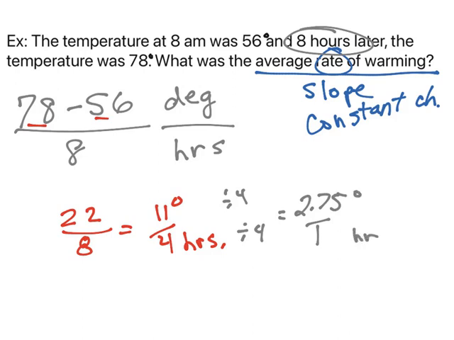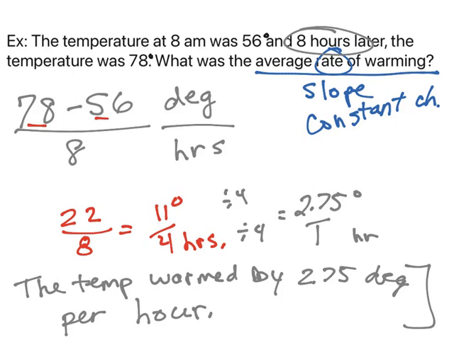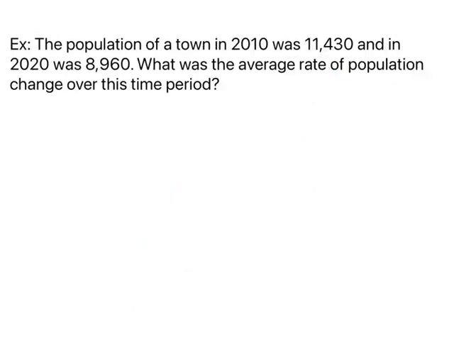So what it means is the temperature warmed, since that was the wording it used, warmed by 2.75 degrees per hour, or each hour. So that's one type of example. And it's good if you can write a sentence that shows you understand what it means.